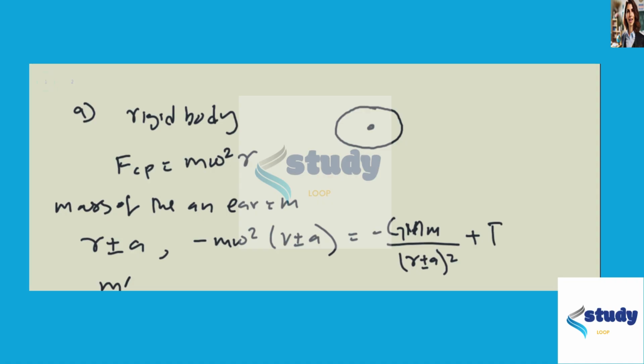From here, omega squared will be G capital M divided by r cubed. Inserting this, let's call this equation A, into the equation that we wrote, let's call this 1.